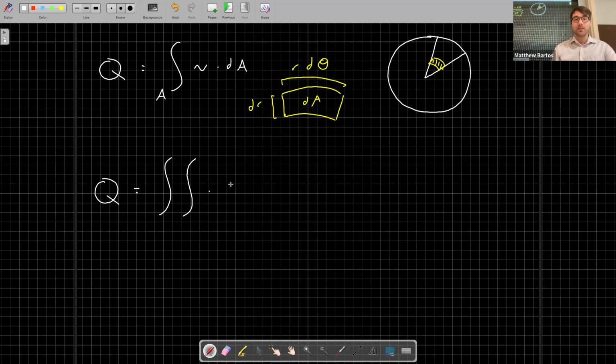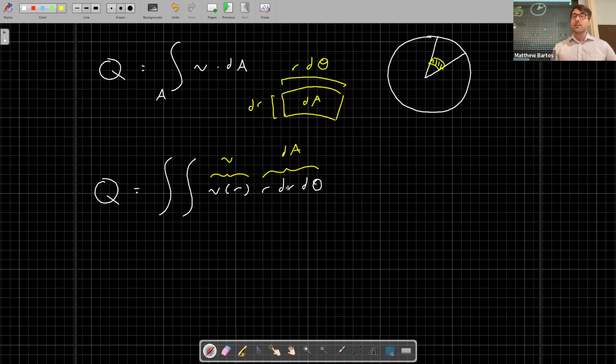We're integrating our function v(r) times dA. And note that dA is equal to r times dr times d theta. So this quantity here is dA. This quantity here is our velocity function.